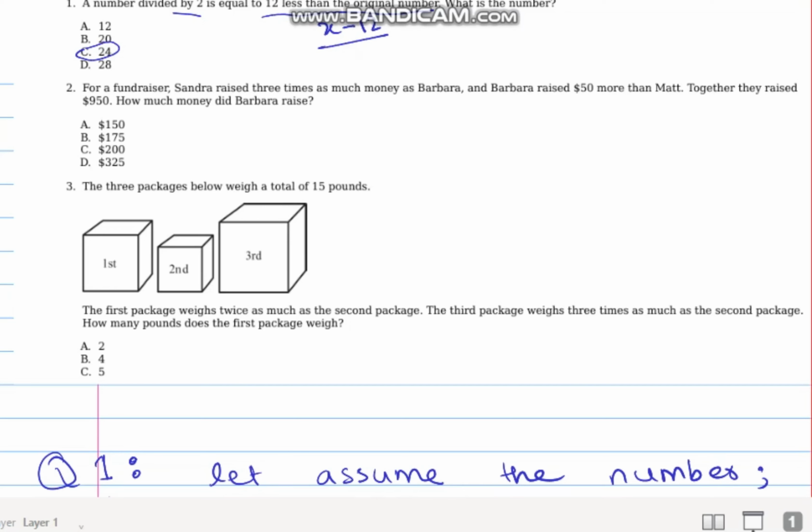How much money did Barbara raise? Letter A, $1,050. Letter B, $1,075. Letter C, $200. Letter D, $325. Okay, very good. Shiba, can you explain this question in the Persian language to other students?